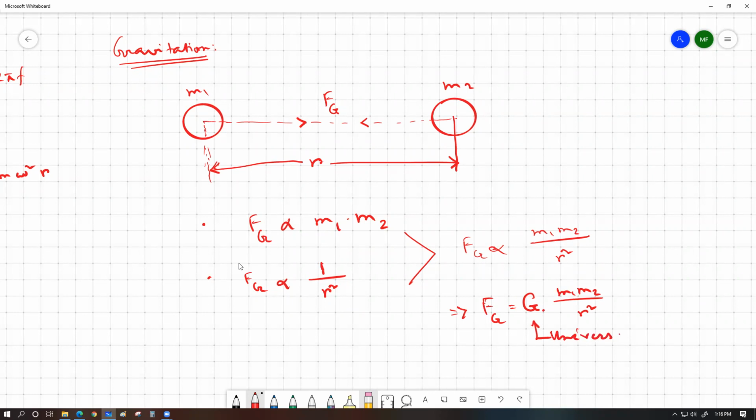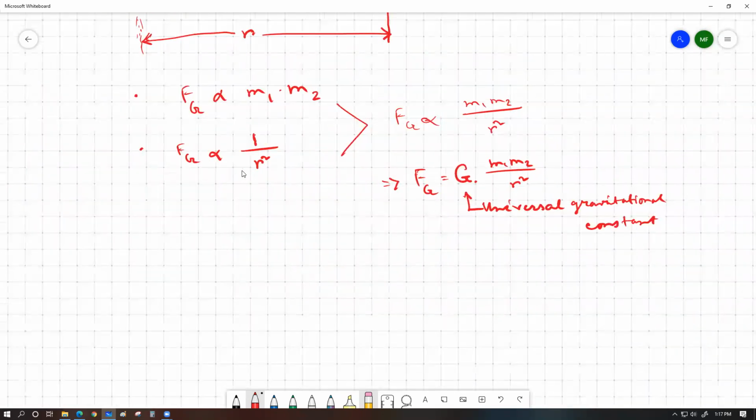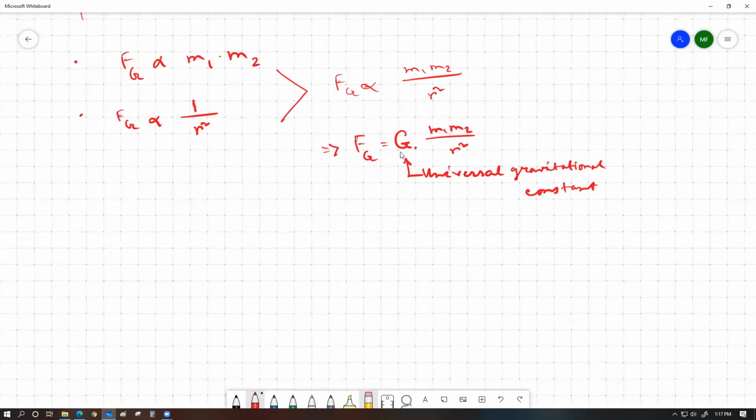There are not so many universal constants that we know, but the gravitational constant is one. It is said to be universal because it is the same in all of our known universe.